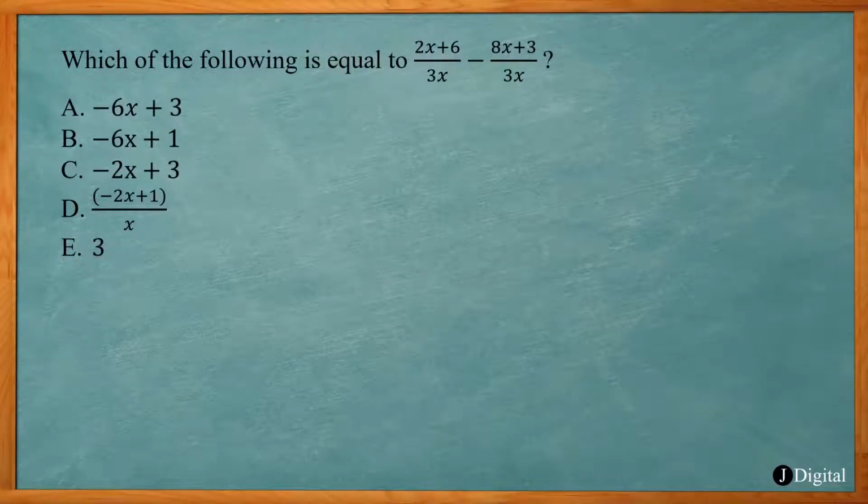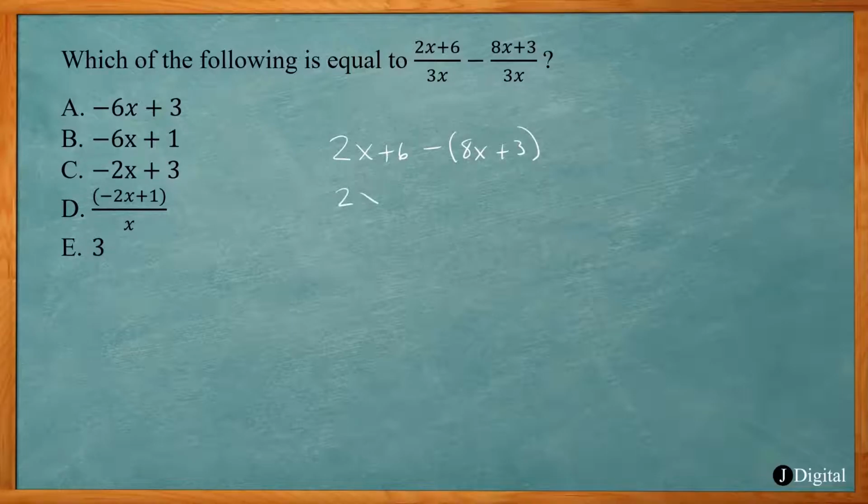So this ACT problem says, which of the following is equal to 2x plus 6 over 3x minus 8x plus 3 over 3x? Now you notice here we have a common denominator, so we just combine the numerators together, subtract them, so 2x plus 6 minus 8x plus 3.